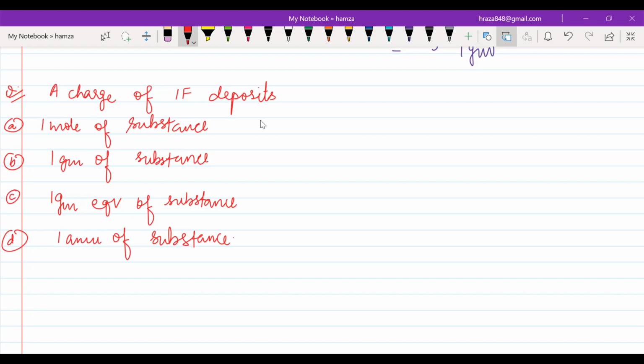So what's one in D? 1 AMU, atomic mass unit. Yes. Yeah, what's your answer?